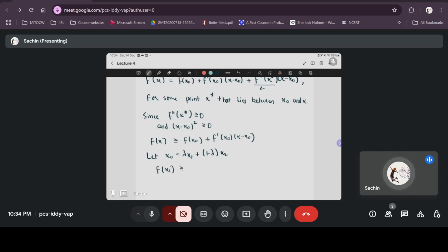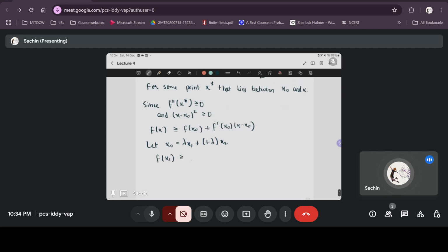So if we evaluate it at x1, what you get is f of x1 greater than or equal to f of x0 plus f prime of x0 into x1 minus x0, which is x1 minus lambda x1 minus 1 minus lambda x2.